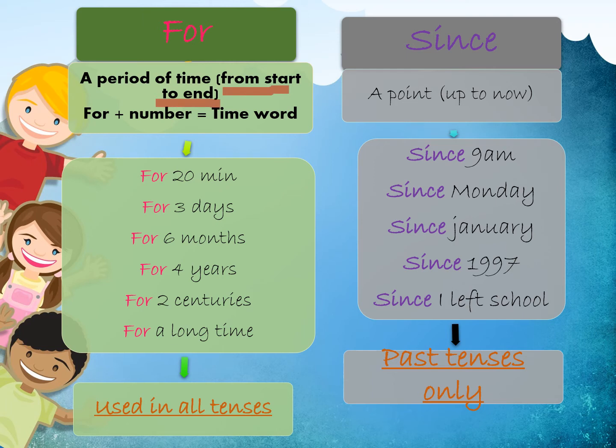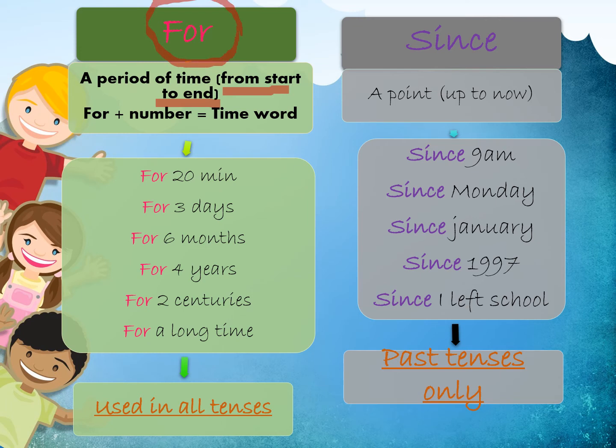For 20 minutes, for 3 days, for 6 months, for 4 years, for 2 centuries, for a long time. So we use for in all tenses: past tense, present tense, present perfect tense. As long as it is appropriate, we use for. Okay?